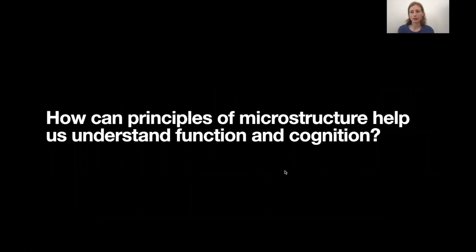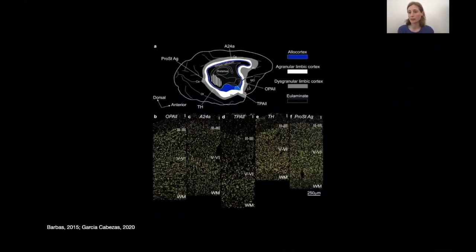And I did some work that follows up on the idea of the structural model, namely that it matters what kind of structure a region has in terms of its layer structure, which goes from allocortex to agranular limbic cortex to dysgranular limbic cortex to laminate regions to granular regions.